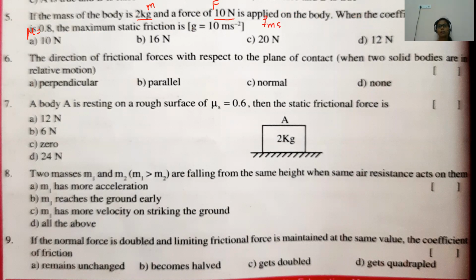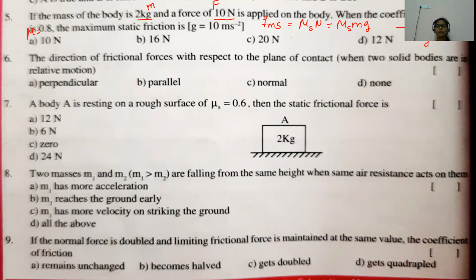The maximum static friction formula, children, is F_MS equals mu_S times N, the normal reaction. Here no normal reaction is given. When the body is there, the normal reaction acts upward to balance the weight M acting downward. That means the normal reaction is just M into G. So instead of N, we can write M into G.